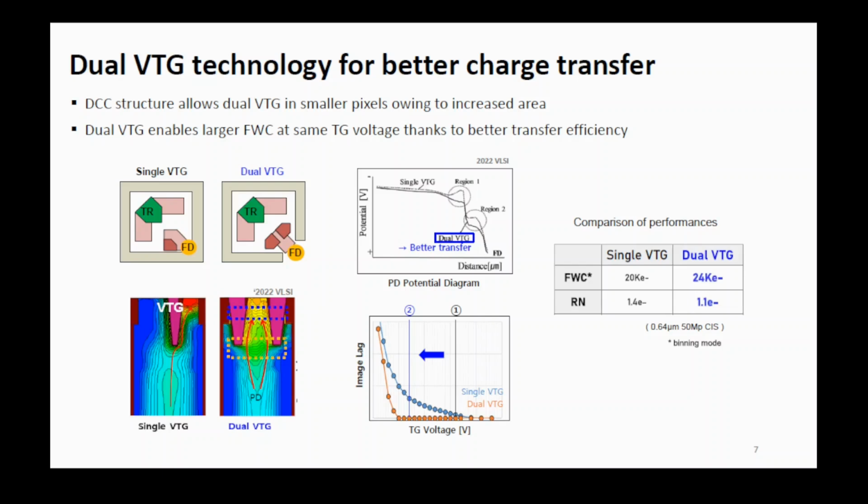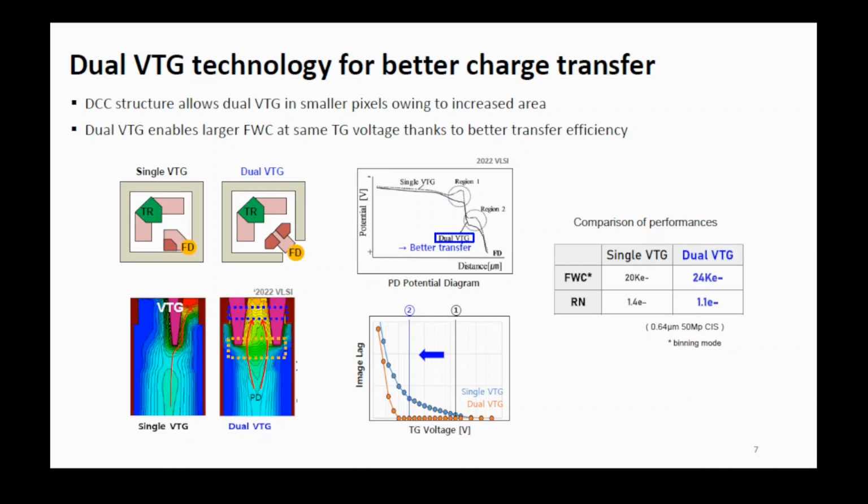But when we tried to increase the full well capacity, we found that the transfer margin of the single VTG, the previous VTG, was somewhat small, and the optimization point was very narrow.